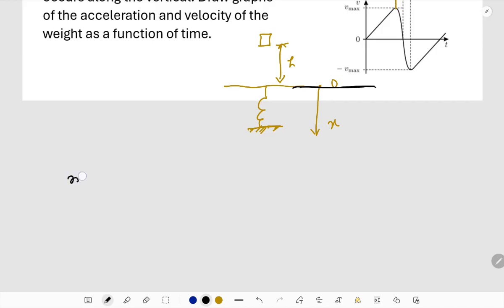You can simply write its initial energy was completely potential, so you can write here mgh, and that is equal to half k x max square minus gravitational potential energy, because when it comes to rest, its velocity becomes 0 again. So you can write here minus mg x max, and you can get your x max from here.